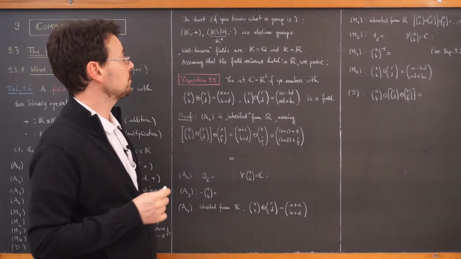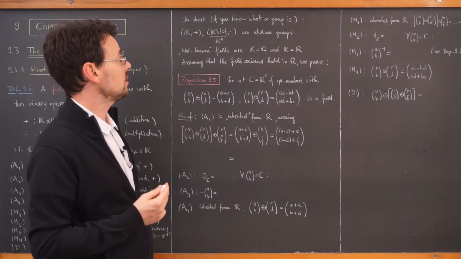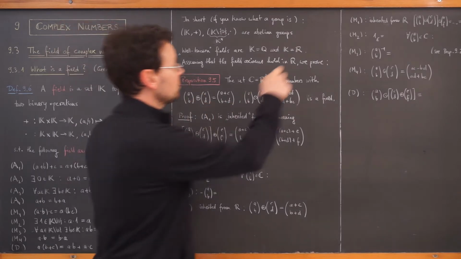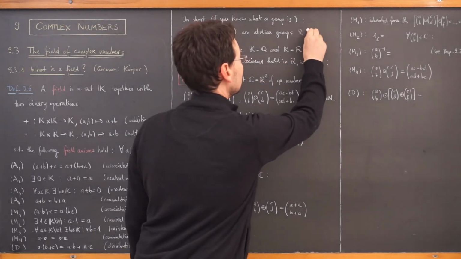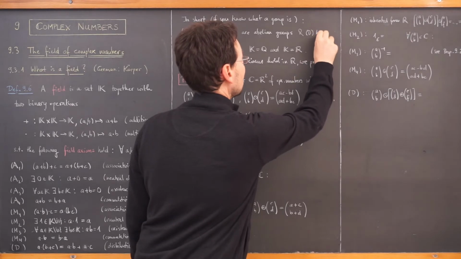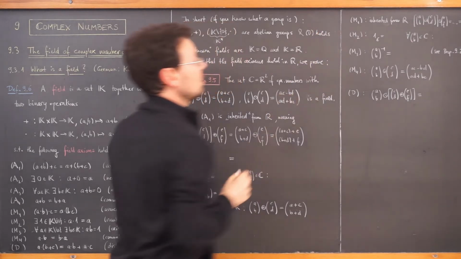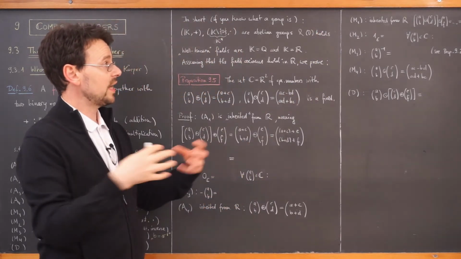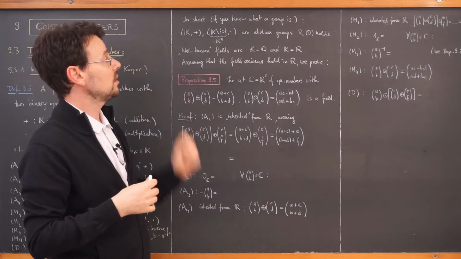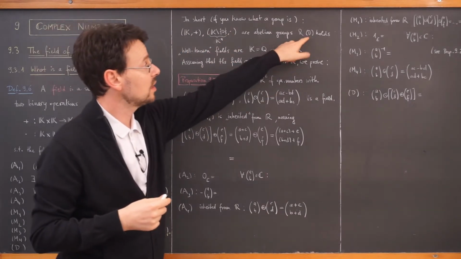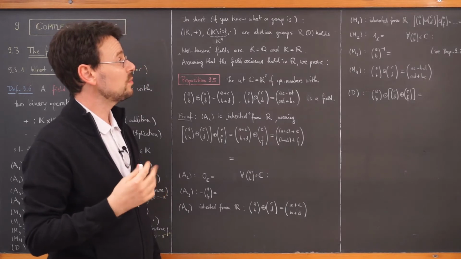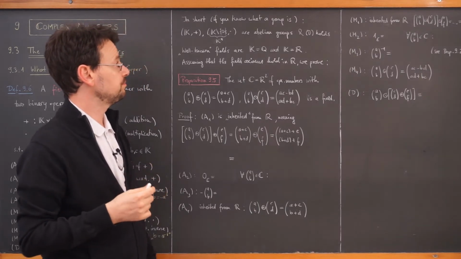These two things together guarantee that you have a field, oh I forgot, and of course I still need the connection between plus and multiplication, so I must have that the distributive law holds.